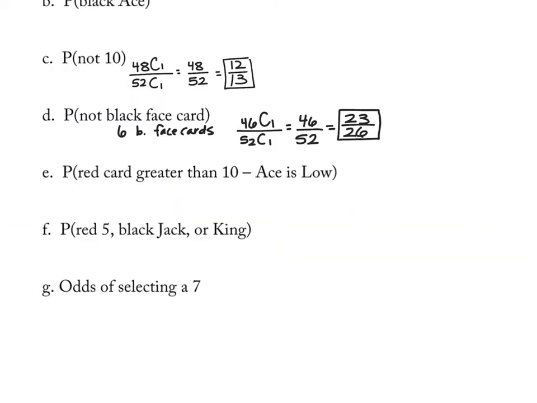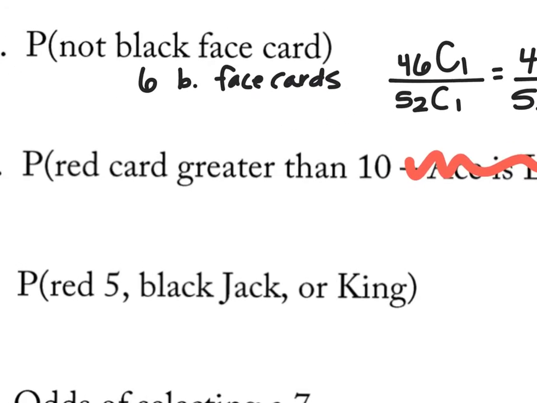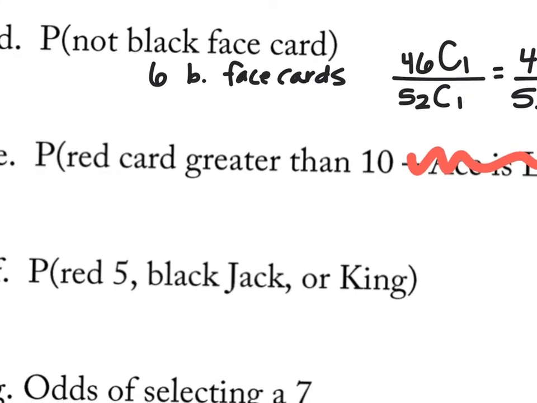Okay, just a couple more. So the probability that I choose a red card that's greater than 10 and ace is low. Remember, this is not a subtraction problem. They're just letting us know that ace is low. So a red card greater than 10. Well, the cards that are greater than 10 are jack, queen, king.